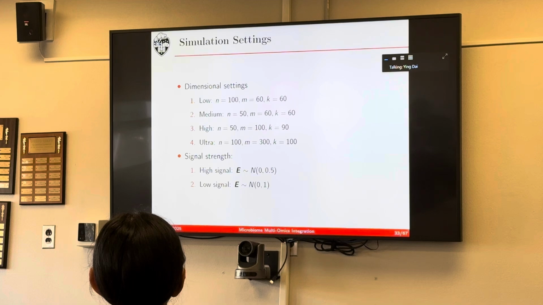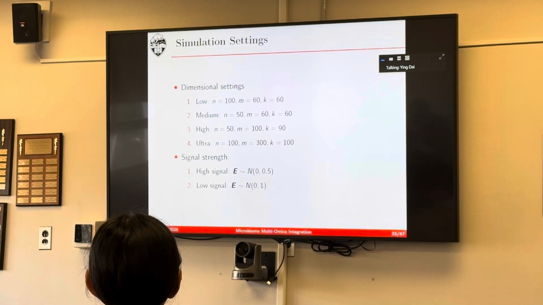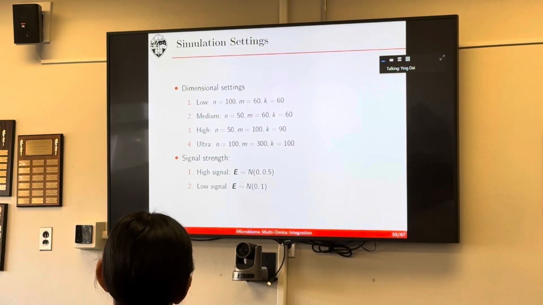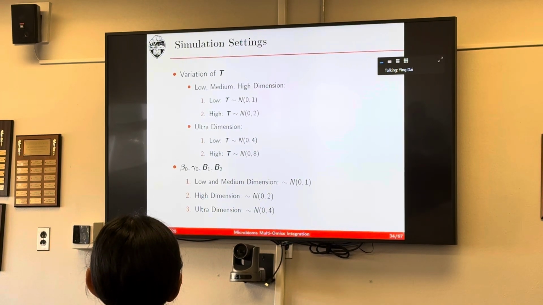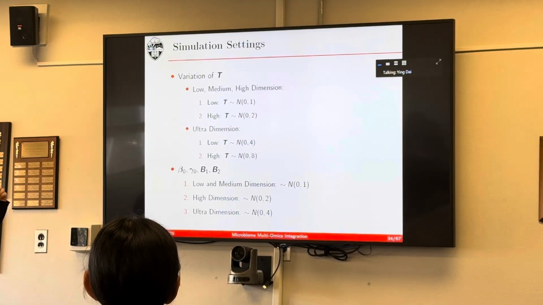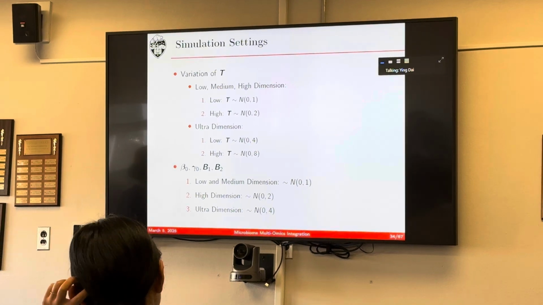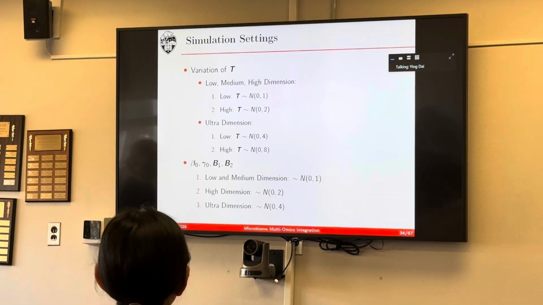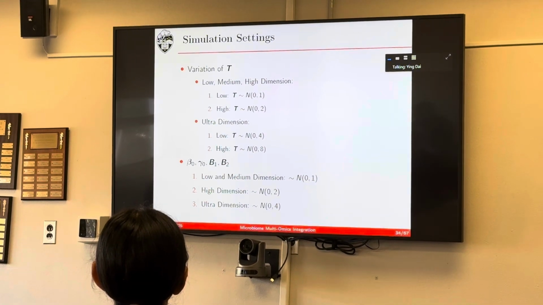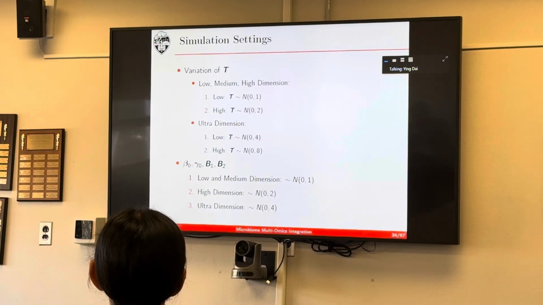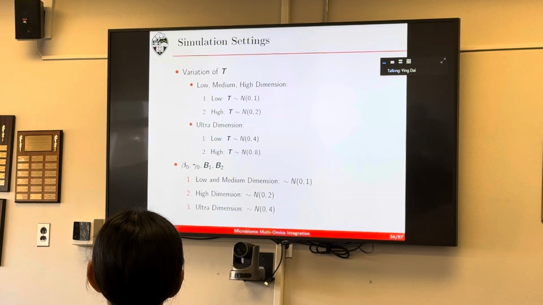And we have 2 signal strengths. Basically, it's just the different amount of error that we put in the model. We have 2 variations of T. Based on different dimensions, we have slightly different settings. And eventually, we generate beta, gamma, B1, B2 using some normal distributions.